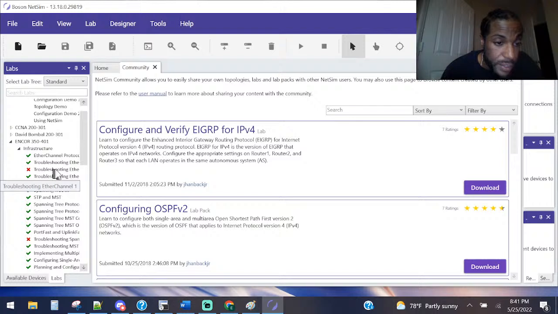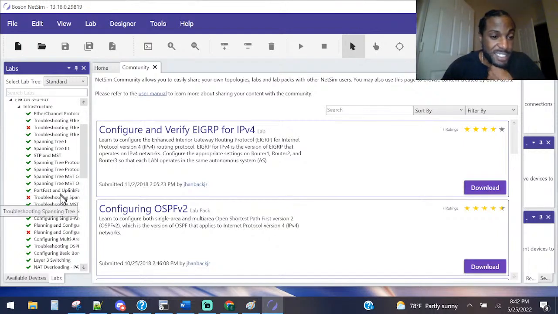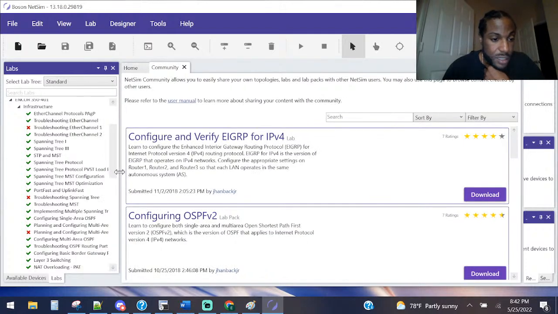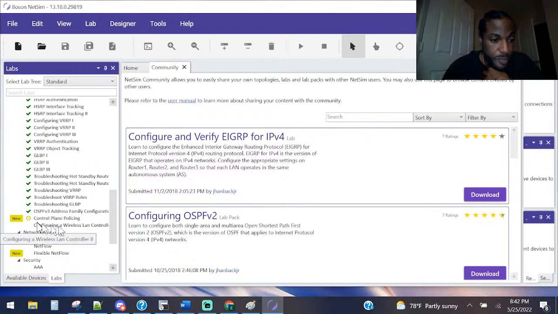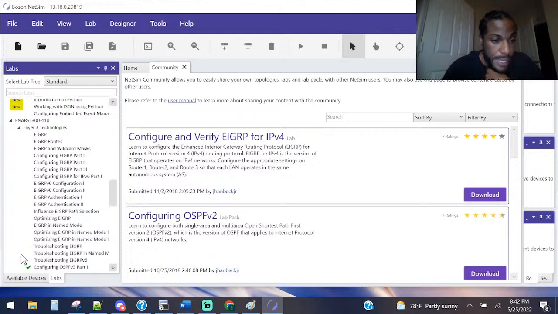I did not complete it. Or unless y'all are done with troubleshooting. Spanning tree, planning and configuring multi-area OSPF. You can do one of these in RC labs.